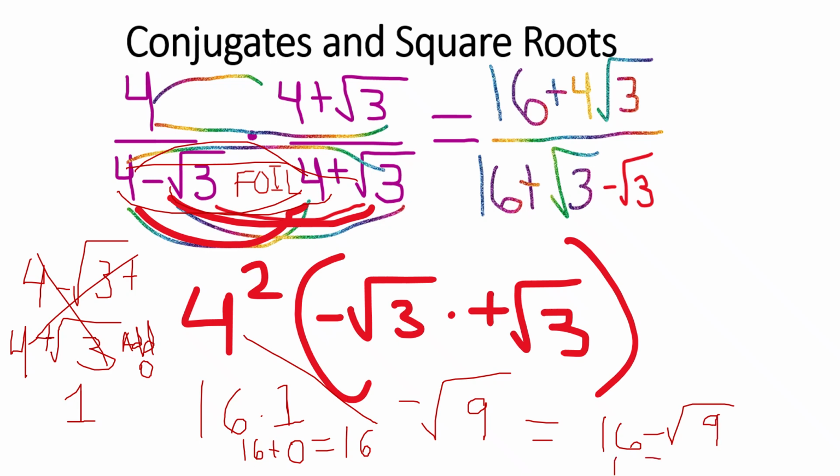You get 16 minus 3, and that equals 13. So this is why your answer is going to be 16 plus 4 over the square root of 3.